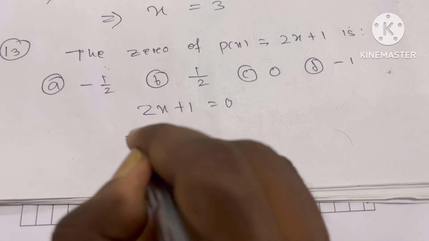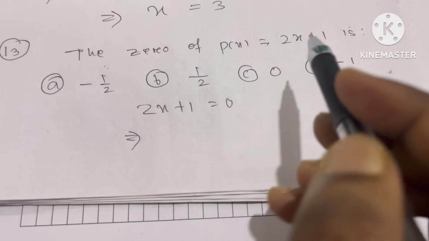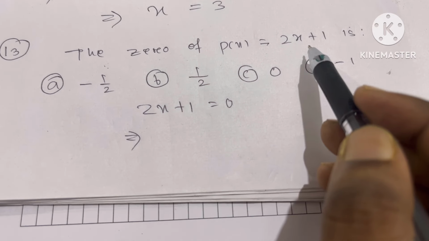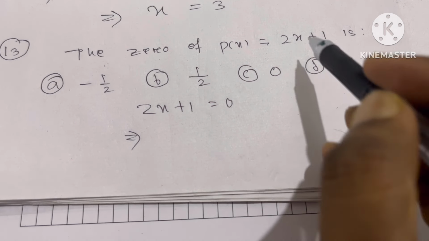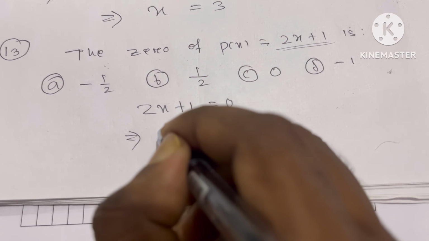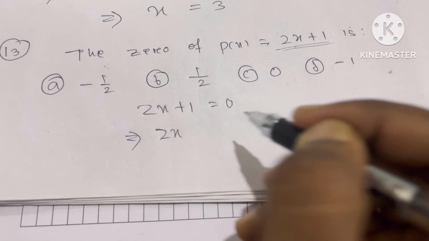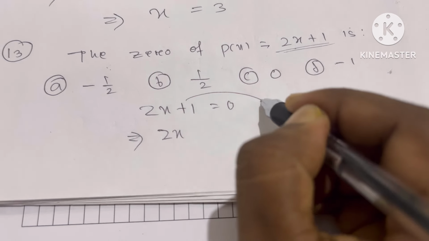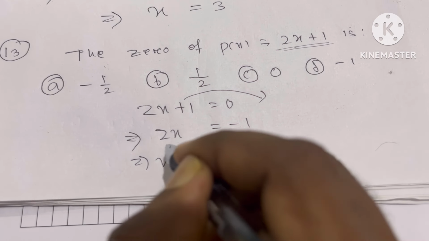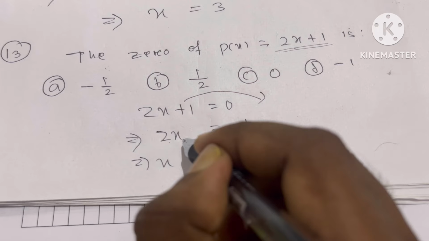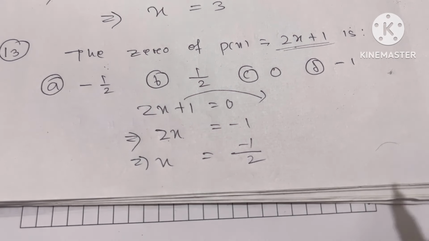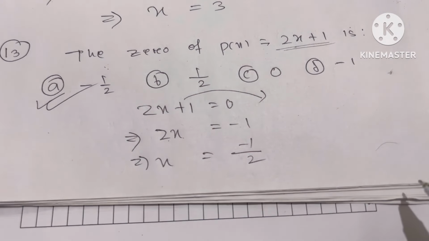From this you can find the value of x. First transpose 1 to this side, so this will be minus 1. Then the 2, which is multiplied with x, goes to the right hand side and divides, so x is minus 1 by 2. Which option will be correct? Option A.